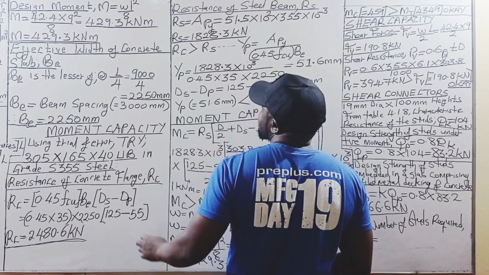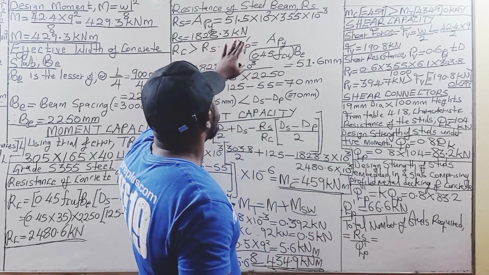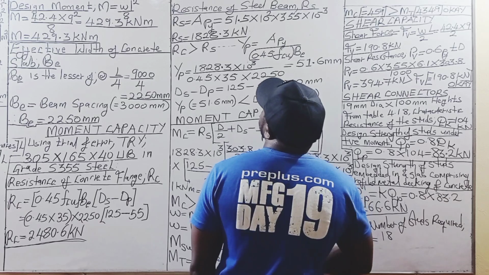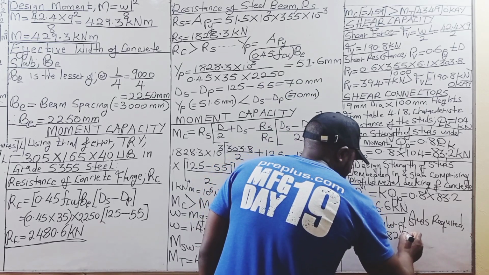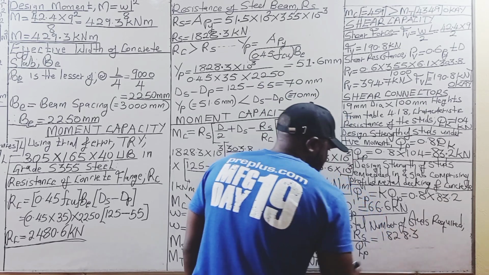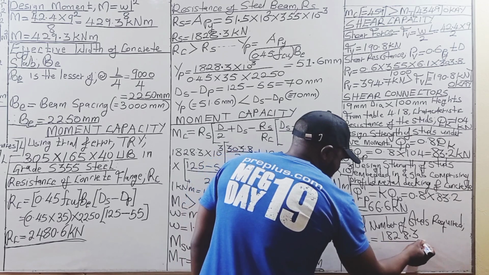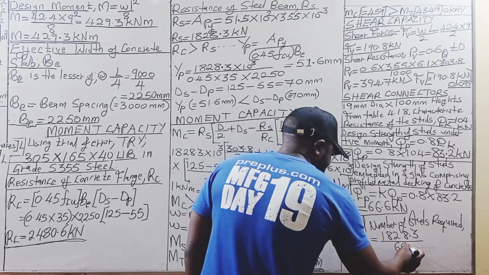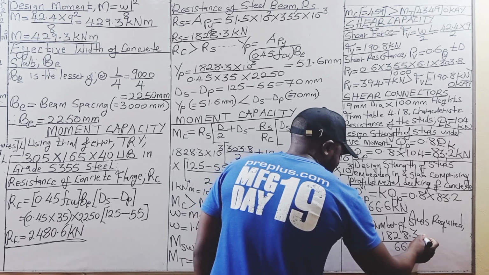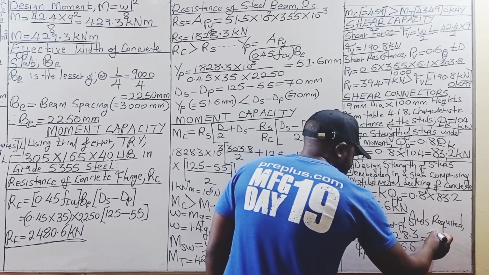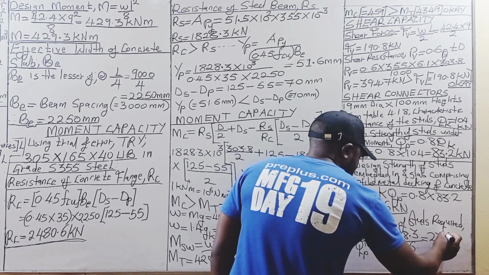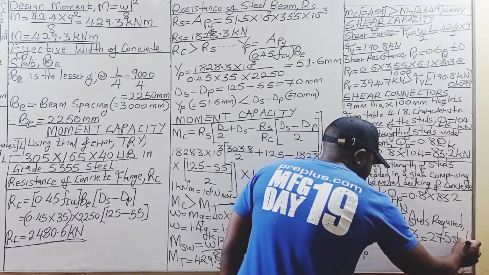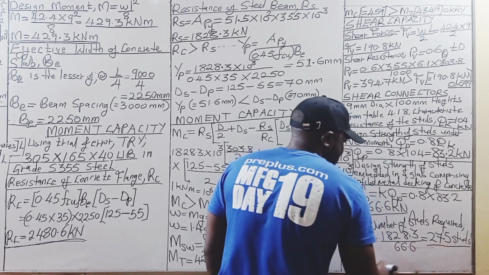And RS in this case is 1828.3 kilonewtons. So 1828.3 kilonewtons we divide by QP prime, which is 66.6 kilonewtons. And this is going to give us 27.5 studs.